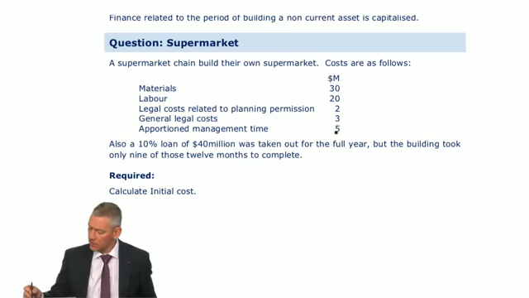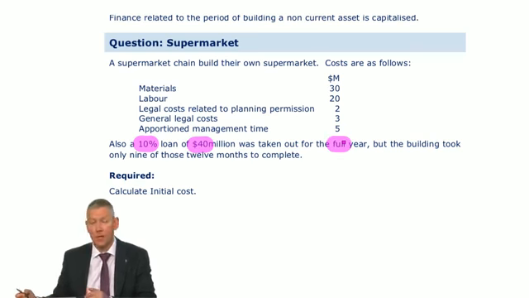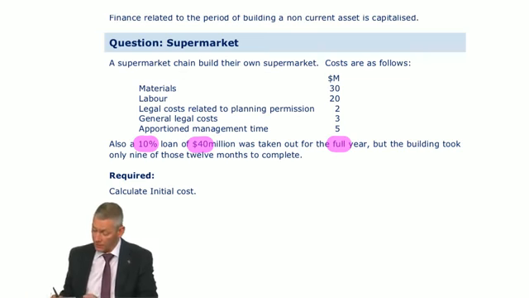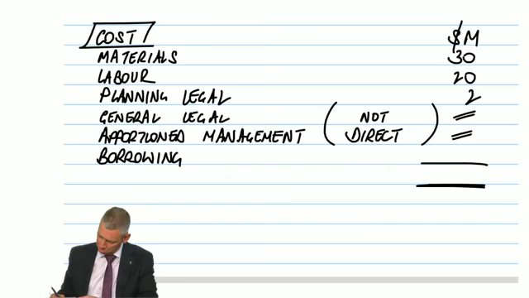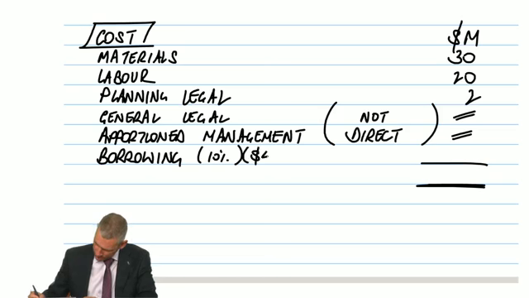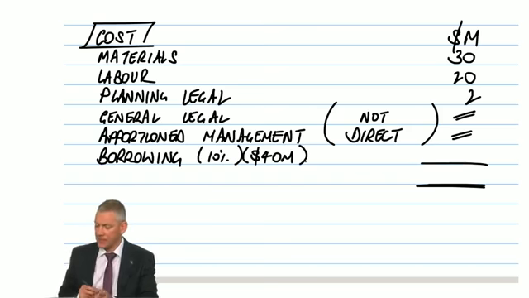Let's have a look at the story and about the building. A 10% loan for the 40 million was taken out for the full year. So the borrowing costs are 4 million. So 10% of 40 million is the borrowing cost.